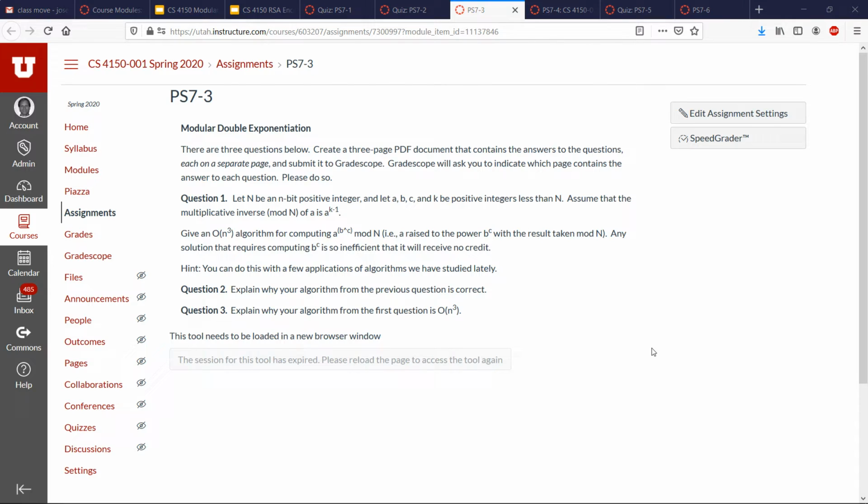I'll just write here. You want to calculate A to the B to the C. It's important that it's not A to the B to the C, which is a different animal.